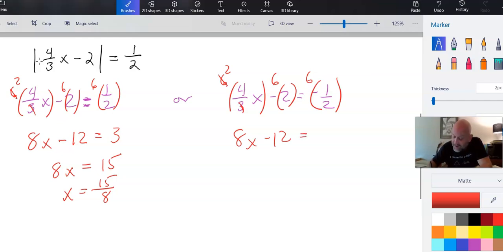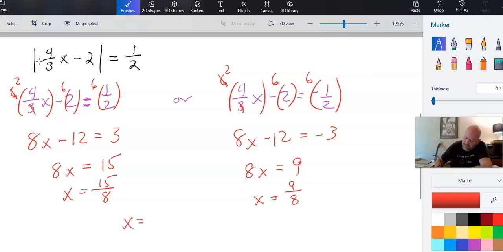And this is now negative 3 because we're multiplying by negative 1/2. Okay, so now we just solve. If I add 12 over, that's going to give me 8x is equal to 9. And then dividing by 8 gives me x is equal to 9/8. And so those are our two solutions, 15/8 and 9/8.